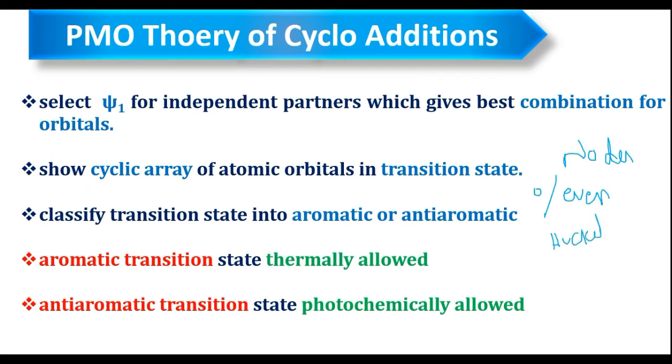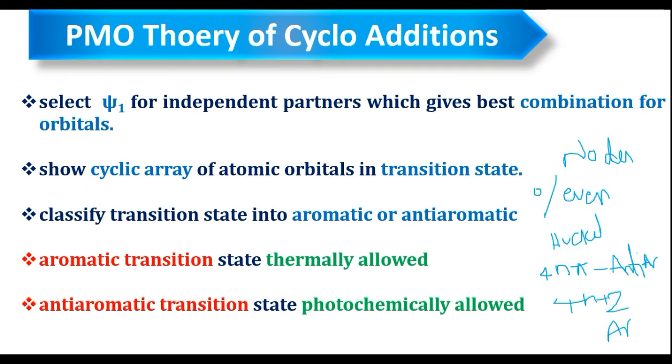For a Huckel system, if 4n pi electrons are present in the transition state, that is an anti-aromatic transition state. If it has 4n+2 pi electrons, this is called an aromatic transition state.